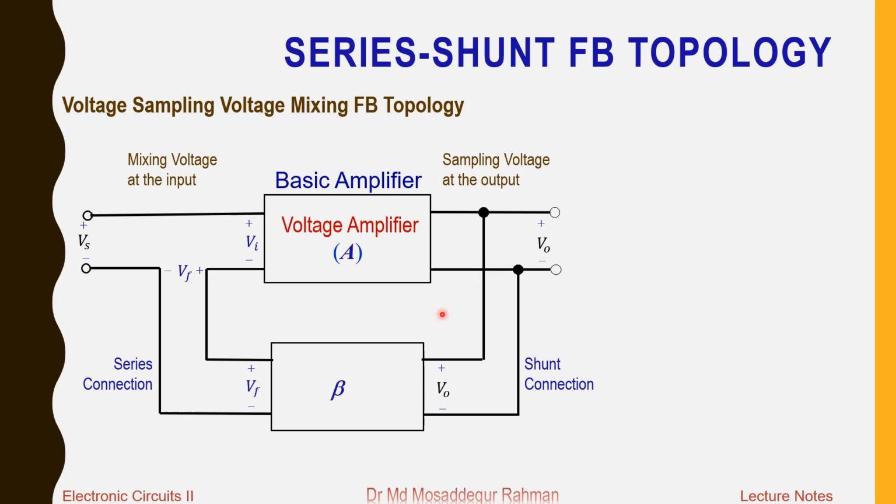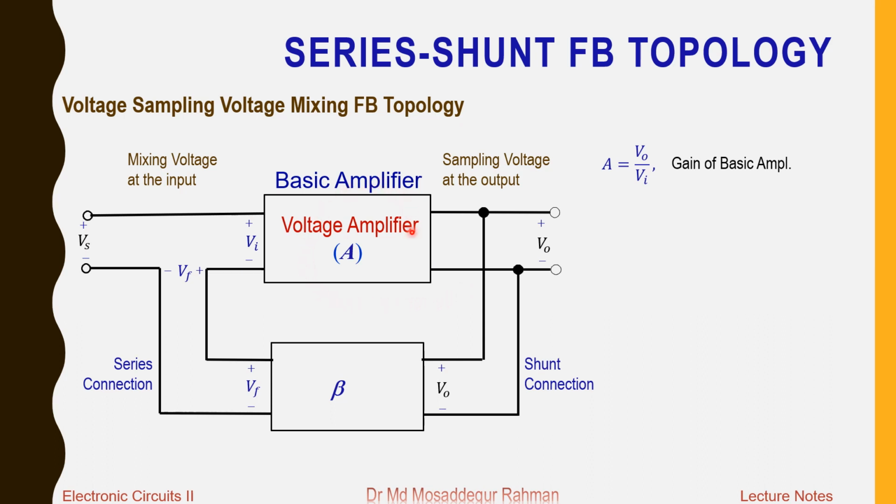Now we want to analyze this feedback topology and determine its different parameters, starting with the gain of the feedback amplifier. In this feedback topology, the signal both at the output and at the input side is in the form of voltage.